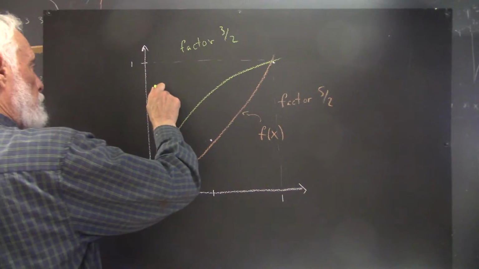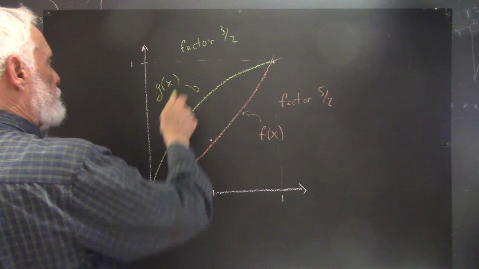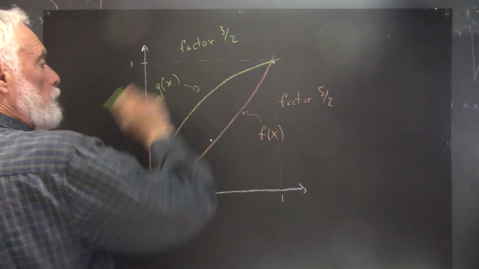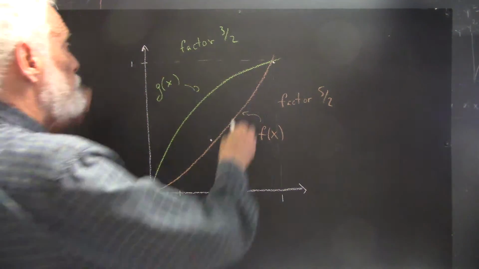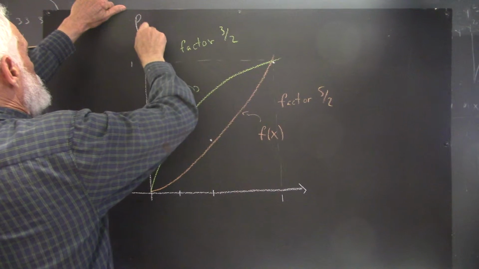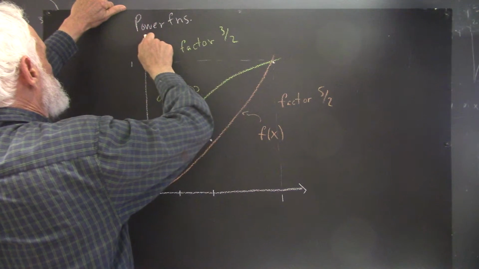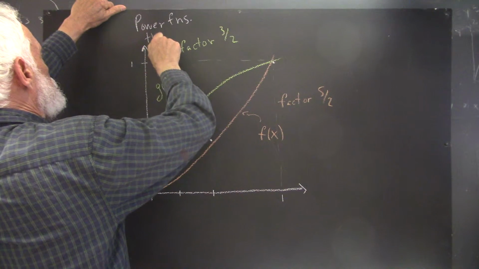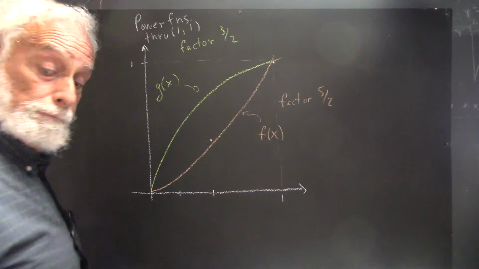And this graph we're going to call g of x. Factor 3 halves, both power functions through the point 1, 1.